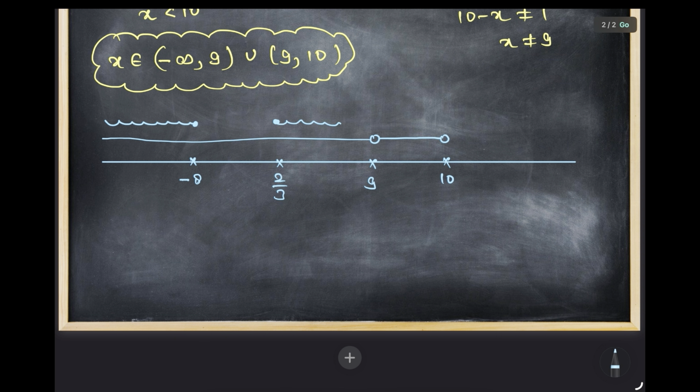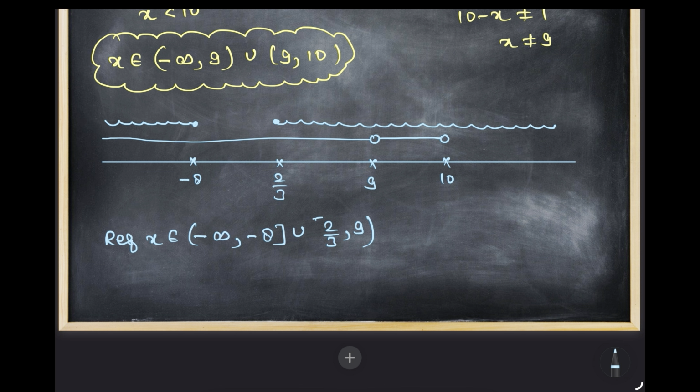Now you have to take care of both. So the required x belongs to minus infinity to minus 8, yes. Union region 2, no. Region 3, yes: 2 by 3 to 9, included at 2 by 3, not at 9. Union 9 to 10. The next region, no. So this is the answer according to us.